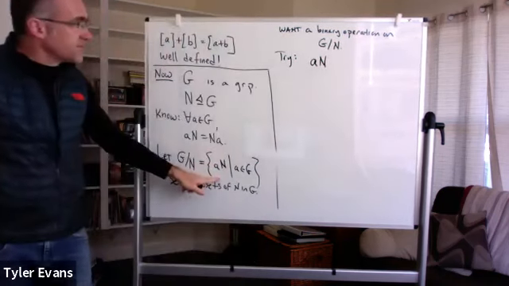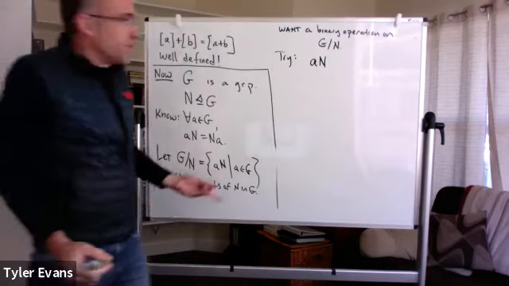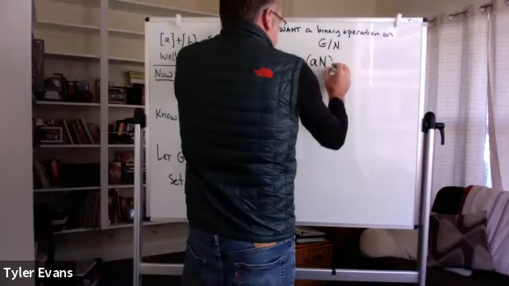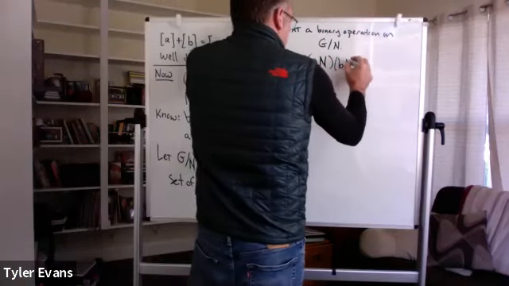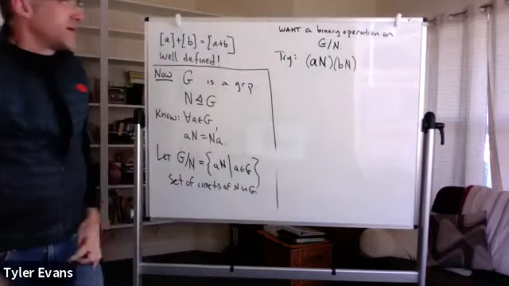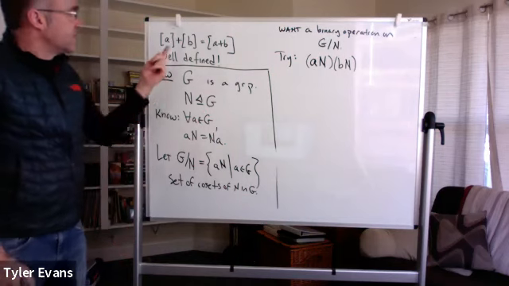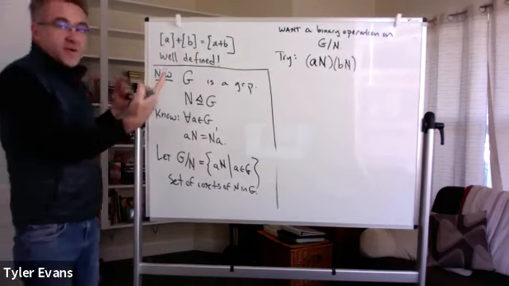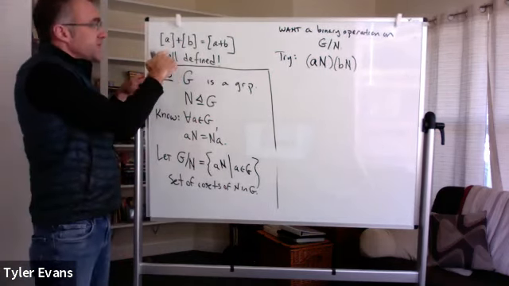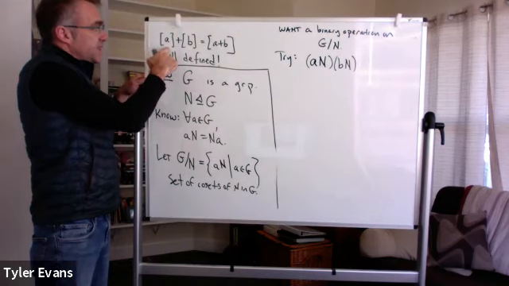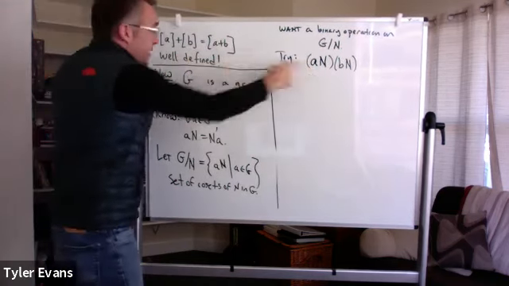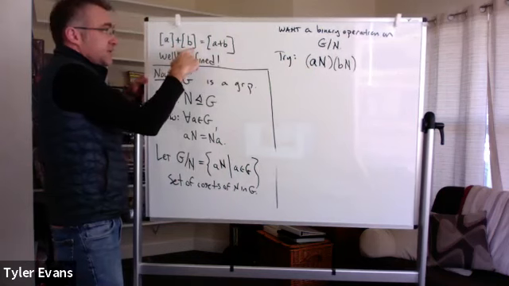Well, it looks like a coset. And I want a binary operation, so I should take two of those things. So maybe a and b are two elements of G, and they're two cosets. And if I just wanted to proceed like this, I'm writing things multiplicatively, but I should say, well, the coset containing a, I'm looking over there, times the coset containing b.